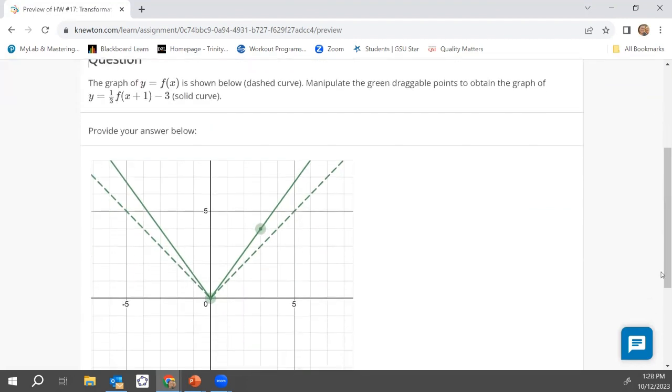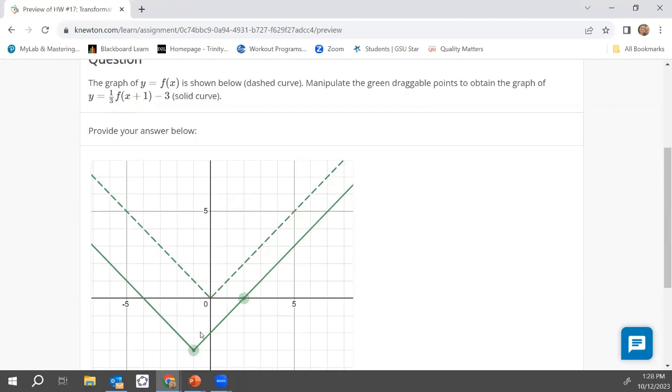All right, next one. So start with where my vertex moves. Plus x plus 1 means I moved left 1. Hold on, and I'm going to make that the original graph. I like to have it as the original graph first. Okay, so left 1 and then down 3. Okay, so that's my current normal point. But now I need to go 1/3 as high.